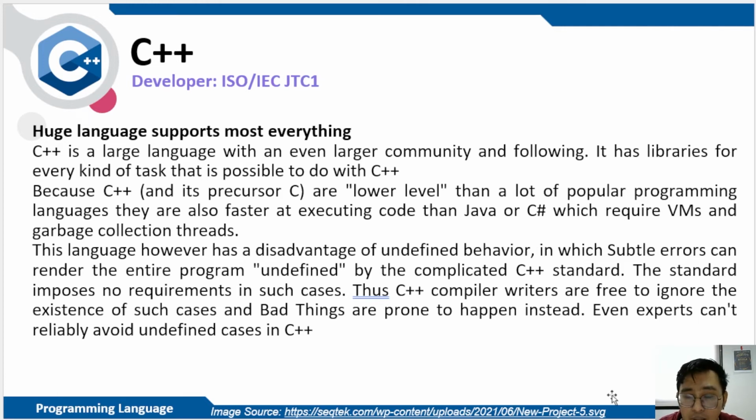C++ and its parent or precursor C are lower level than a lot of popular programming languages, but they are also faster at executing code than Java or other programming languages, because those require virtual machines and garbage collection threads, which is a function usually used to maximize the processing time in a computer. So the bigger the threads, the faster it is to process the programming language.